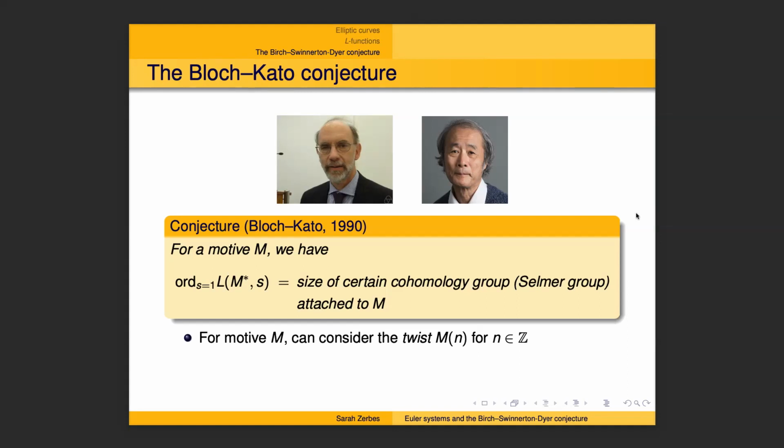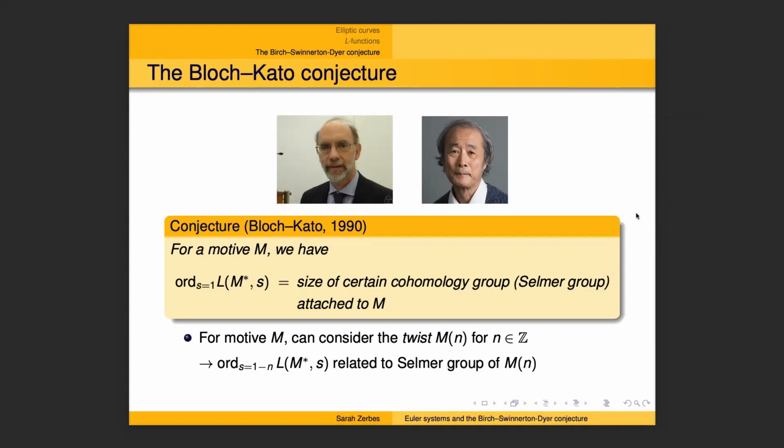There's a notion of twisting a motive by integers, and for this twisted motive, the conjecture says something about the point s equals 1 minus n. So it gives an arithmetic interpretation to the values of the L-function of the motive at the integer points in terms of the Selmer group. And the Selmer group really is a generalization of the group of rational points on an elliptic curve.